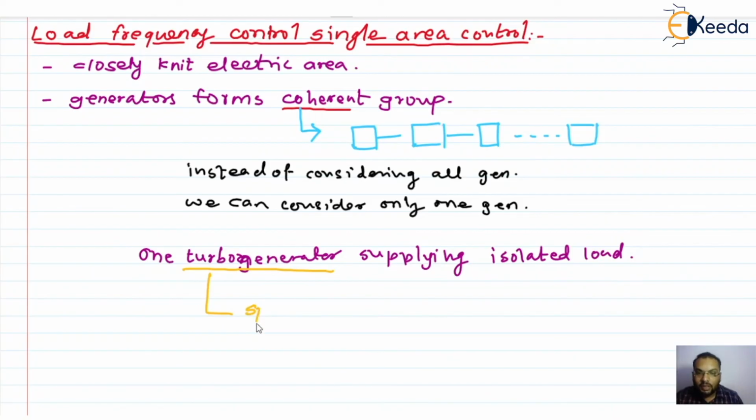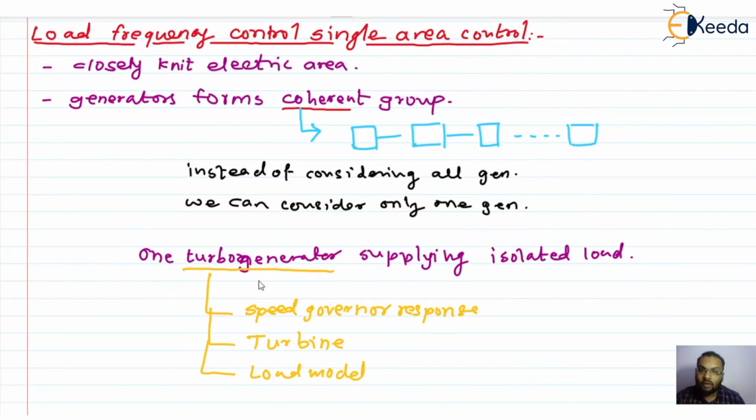First is the speed governor response. Second is how the turbine is going to respond to that change in the load. And the third is the load model, how that load is modeled. These are the three responses that we should learn for a turbo generator in order to control the frequency.